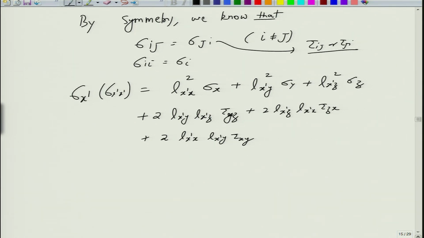And this you can do yourself as a home exercise. It is a little bit tedious but not complicated, so it just needs to be done. And similarly you can write the expression for this.